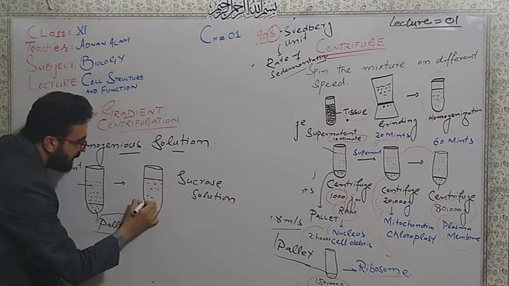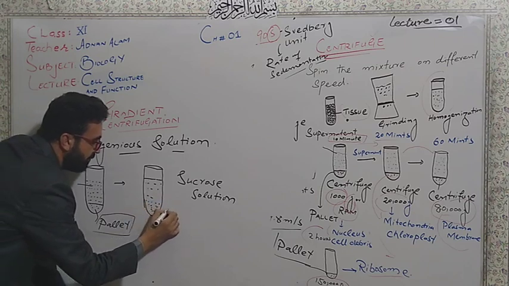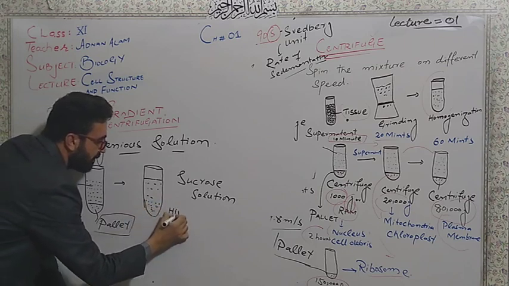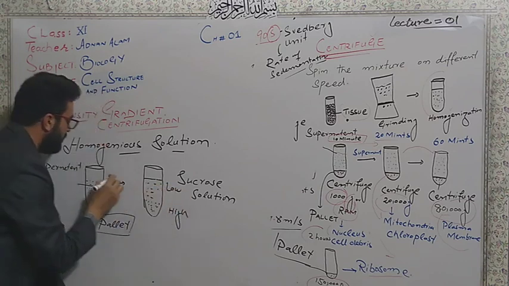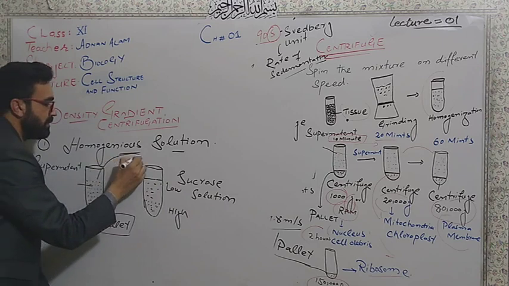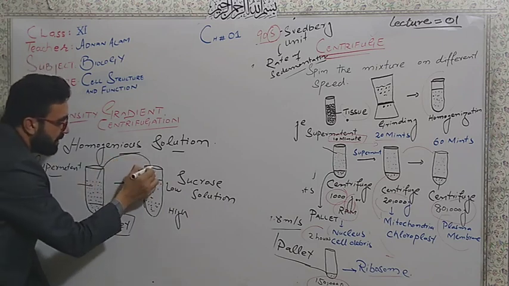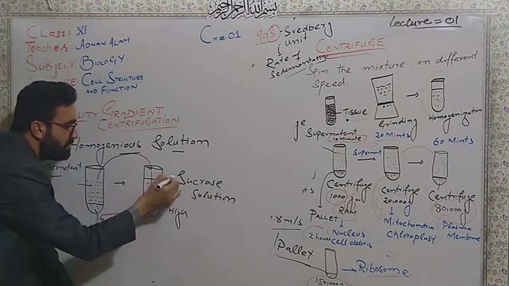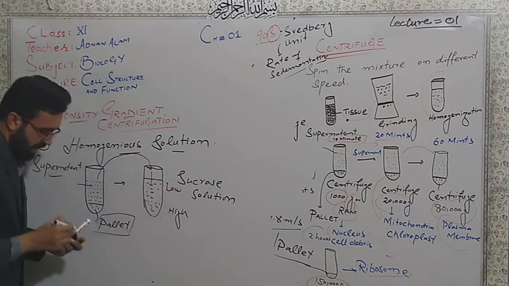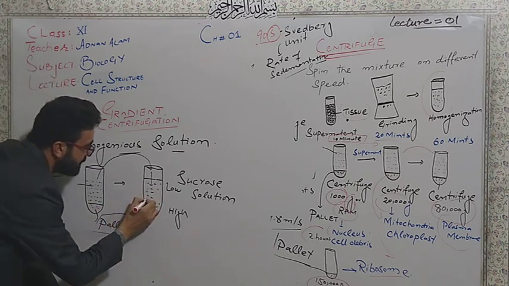The largest particles will be here, and the low size particles will be here. So when we transfer this supernatant, which contains different types of organelles, they will mix with the saccharose solution and they will start sedimentation.